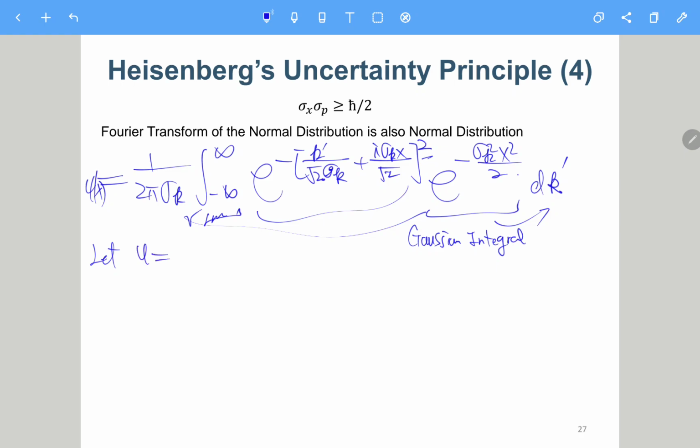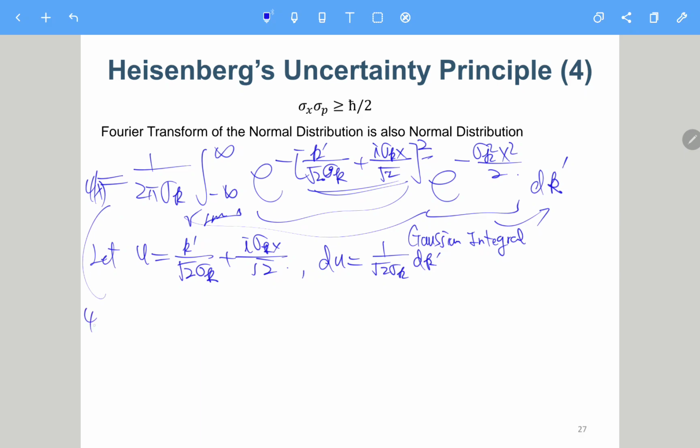So let's take u equals this term, which is k prime over square root of 2 sigma k plus i sigma k x over square root of 2. So we let u be this one. So this becomes exponential to negative u squared, so it looks nicer. Du equals, taking the derivative of it, 1 over square root of 2 sigma k dk prime.